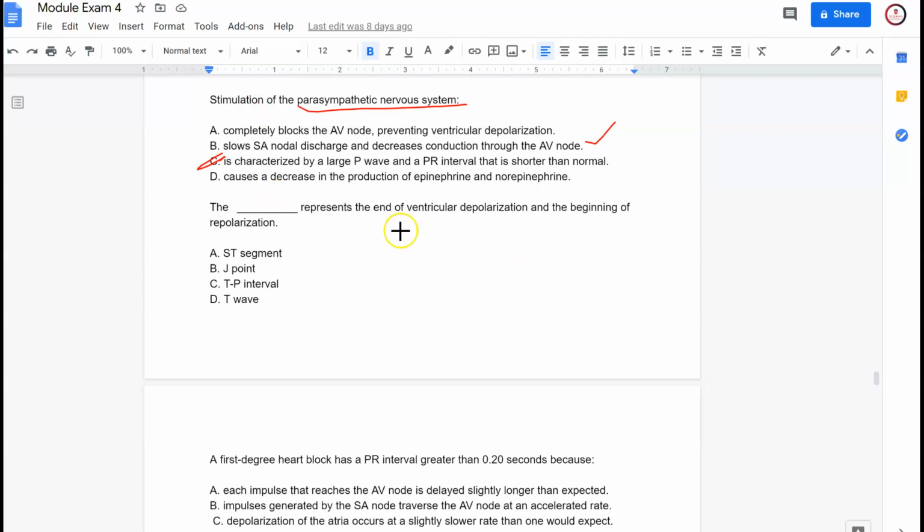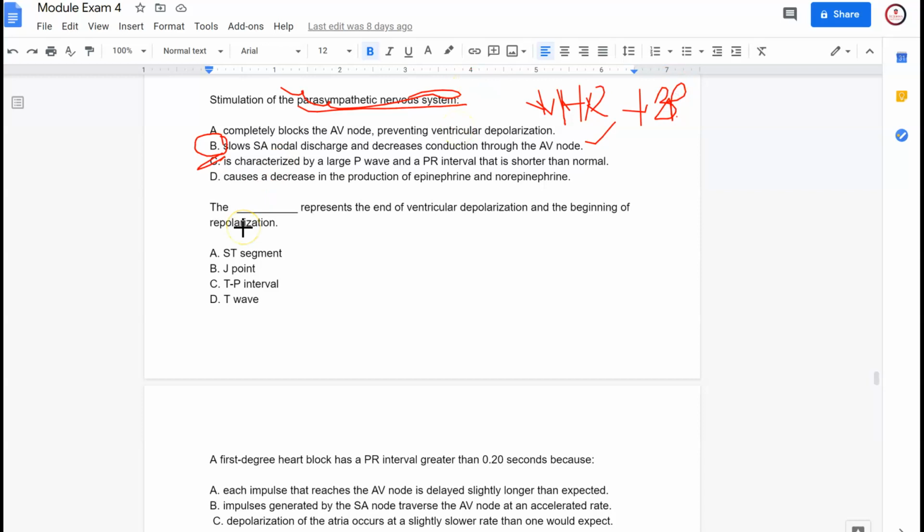Causes a decrease in the production of epi and norepinephrine. No, it's here. Slows your SA nodal discharge, right? This is why people pass out on the toilet, because there's a stimulation of the parasympathetic nervous system. It slows the heart rate down, and it drops their BP. And then you're working up a cardiac arrest in the bathroom.